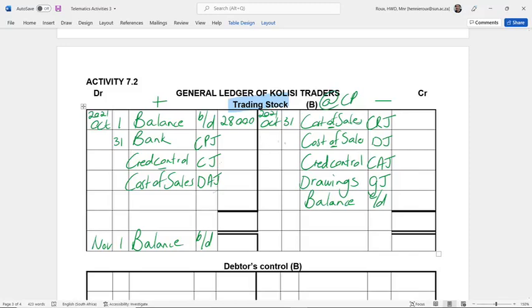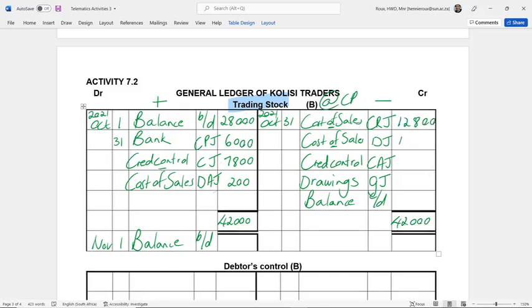So if we put in those amounts, 6,000 cash, we bought on credit, debtors returned to the value of 200 Rand. If we add that, it gives us 42,000. We sold, cost price of 12,800.